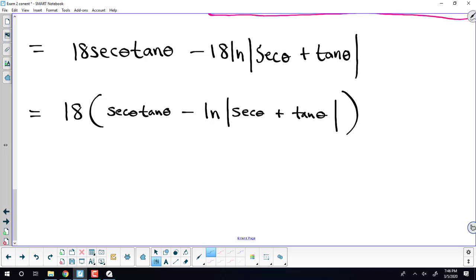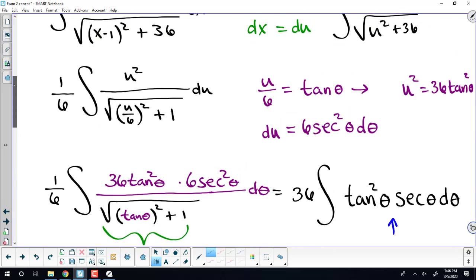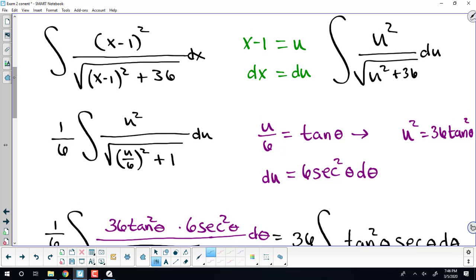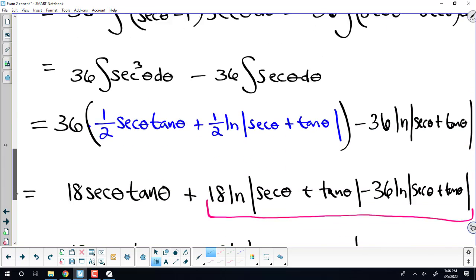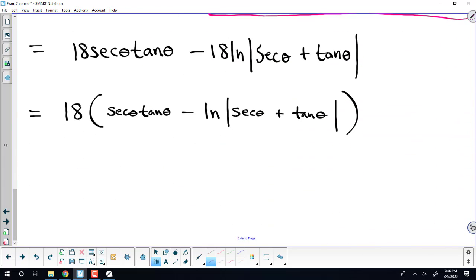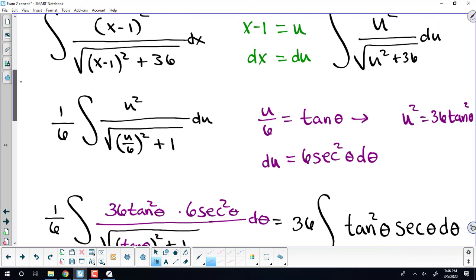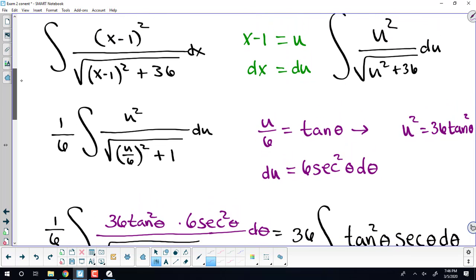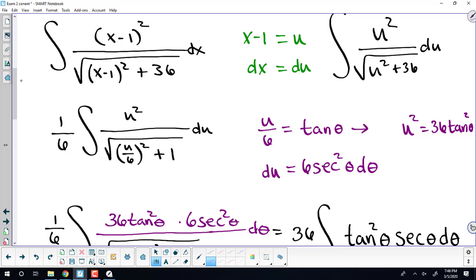So then, go back to we made two substitutions. Tangent of theta was u over 6, but u was x minus 1. So tangent of theta is really just x minus 1 over 6, isn't it? Wait, it'd be 6 times x minus 1 over 6, because x minus 1 is u. Oh, yeah.